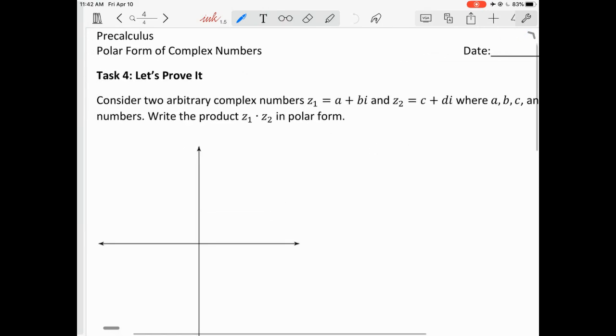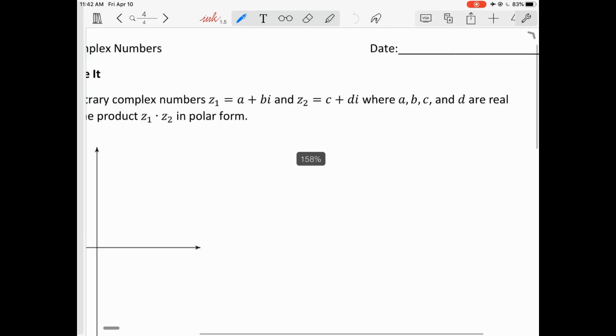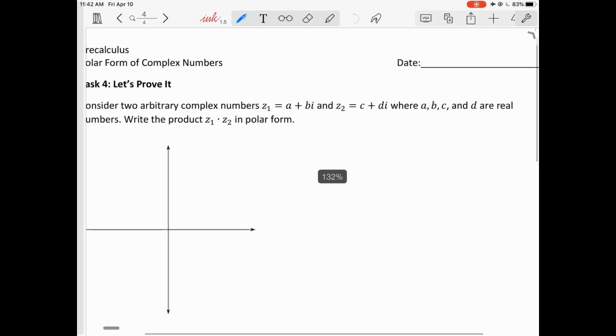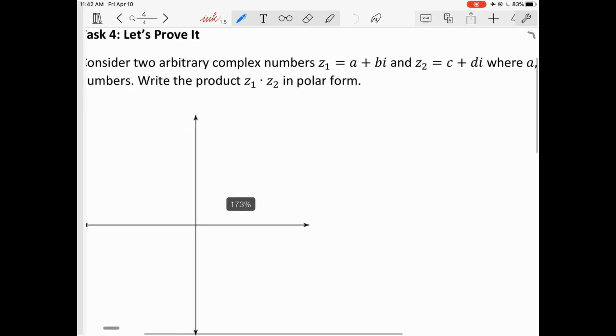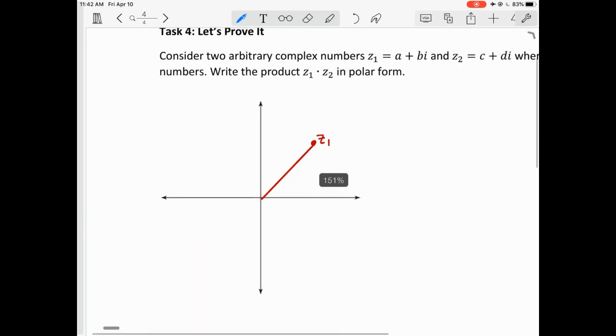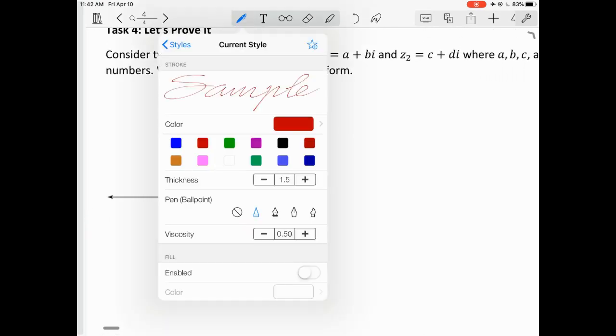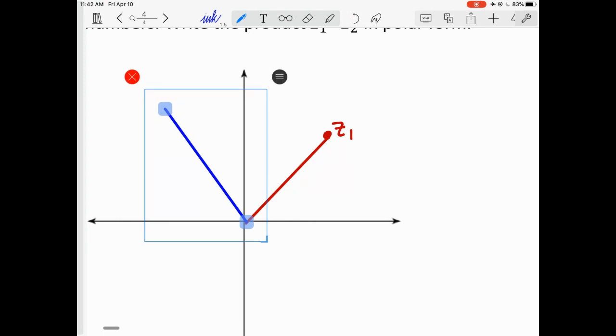All right, so we have two arbitrary complex numbers, z1, z2, using a, b, c, and d as our real number coefficients here. We want to write the product in polar form. Well, z1, I'll call some arbitrary point, let's say right here. This is z1. z2 is a different arbitrary point. It's maybe, let's say, up here.